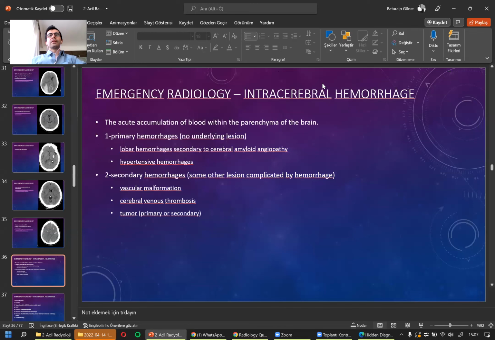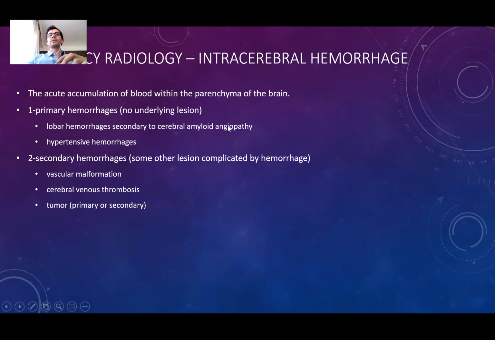So intracerebral hemorrhages can happen from many obvious reasons. The primary hemorrhages usually happen as lobar hemorrhages in older age individuals, resulting from angiopathies, and most of the cases result from hypertensive episodes or vascular malformations sometimes.